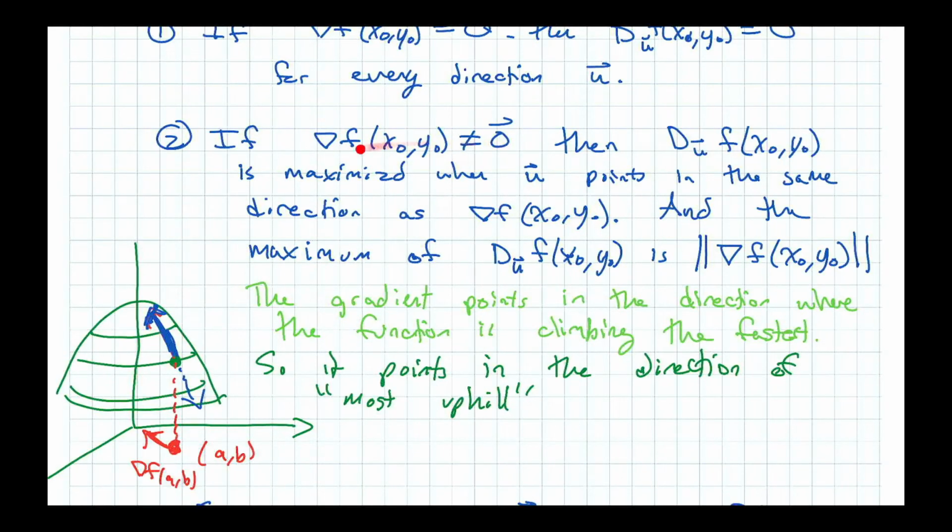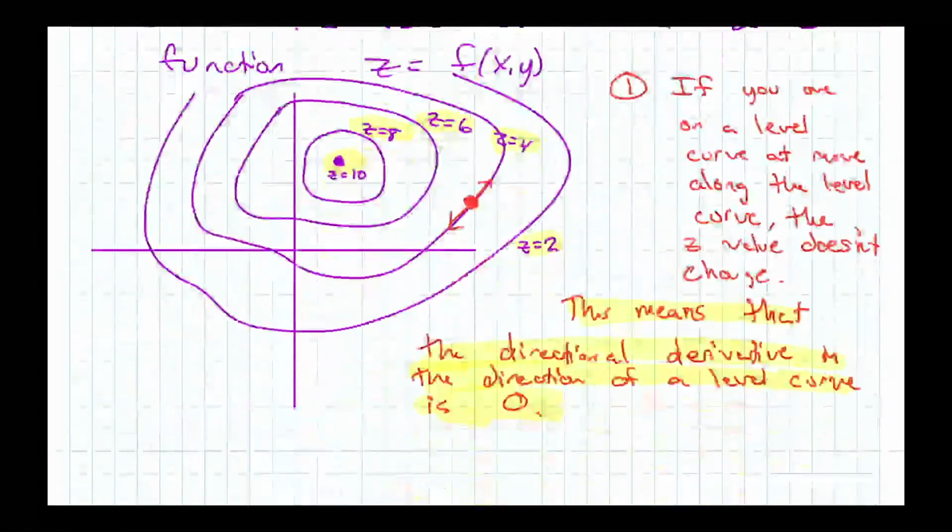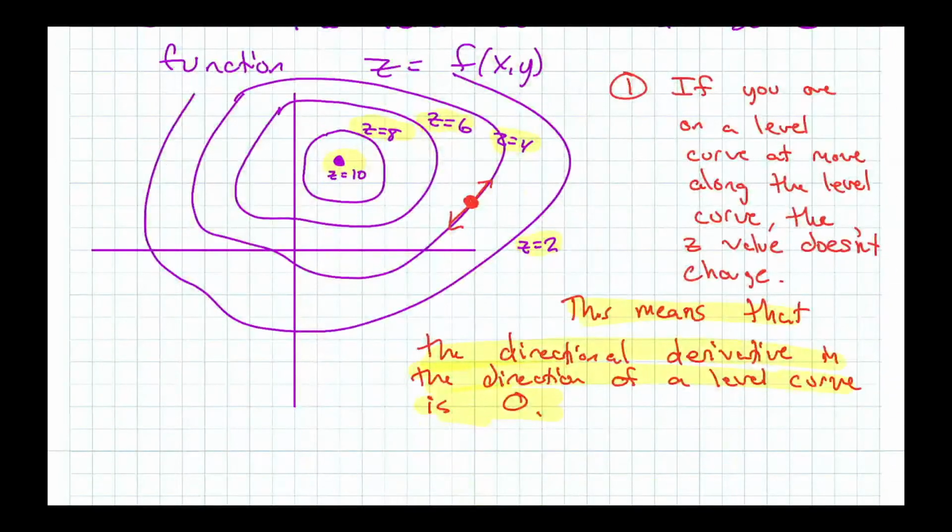If the gradient's not 0, the directional derivative is maximized, so steepest slope, when u points in the same direction as the gradient. So most uphill is the direction of the gradient. Now, on the picture, what is the direction of most uphill? Well, it's actually going to be 90 degrees away from the level curve, turns out.